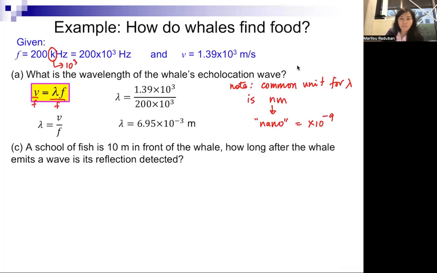So if you're given the wavelength in nanometers, make sure to change nano to times 10 to the minus 9 to convert that nanometers to meters. Okay, are we happy with the solution for the wavelength of the wave?